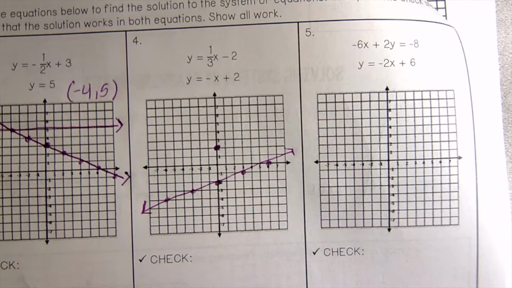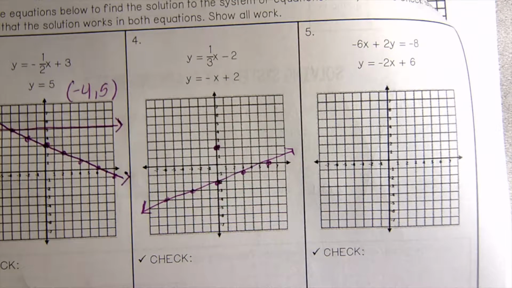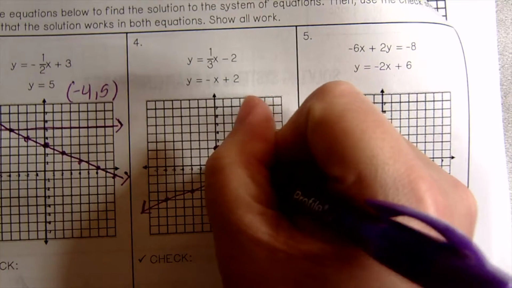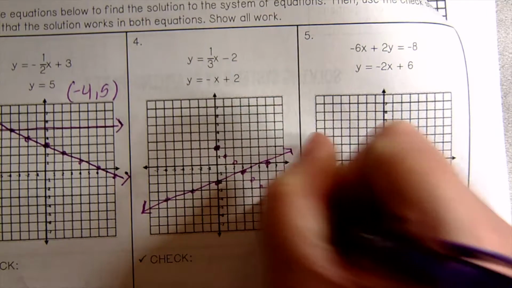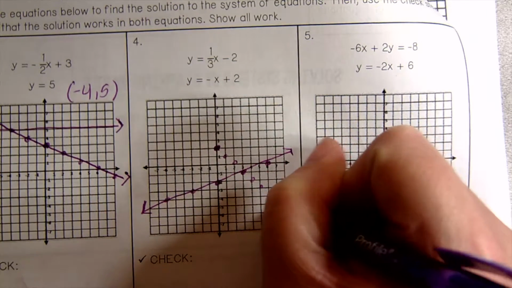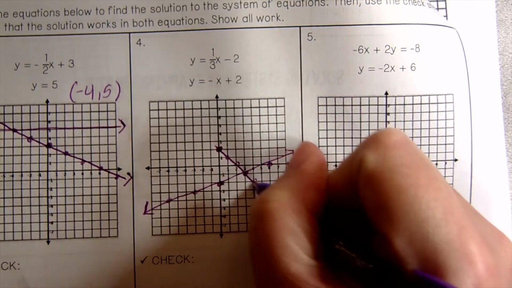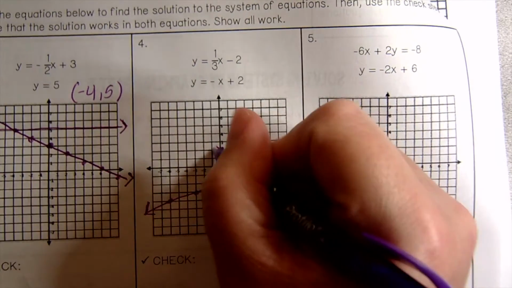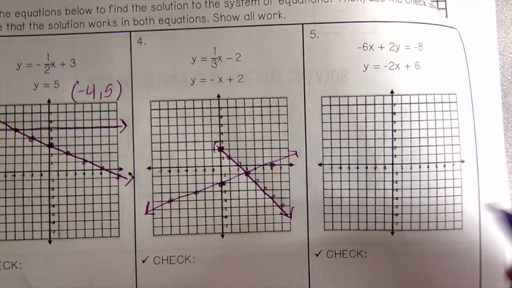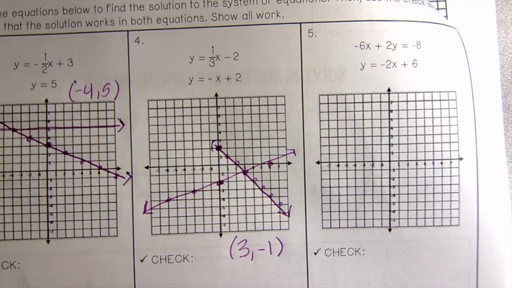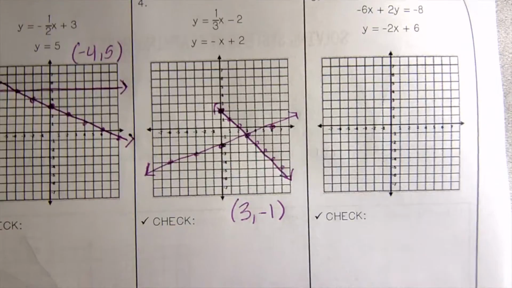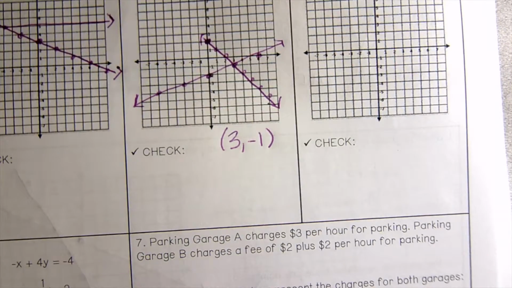Where does my slope go? Down 1 over 1. So where do those two lines intersect? 3, negative 1. All right, do 5 and 6 on your own.